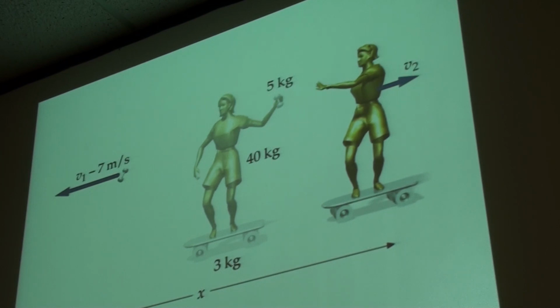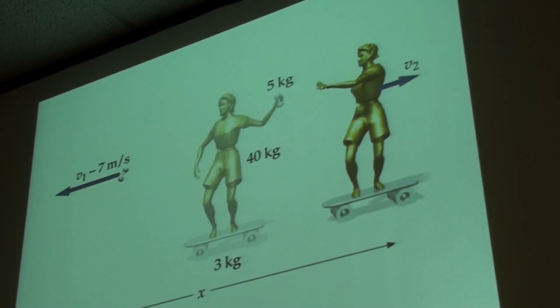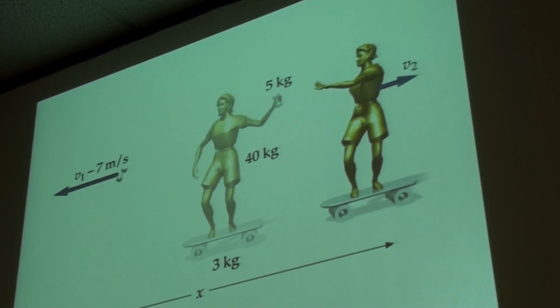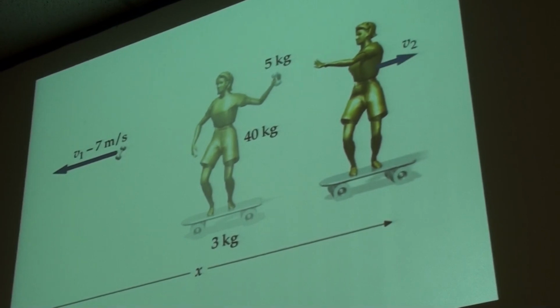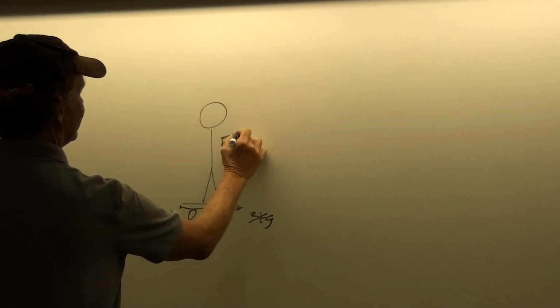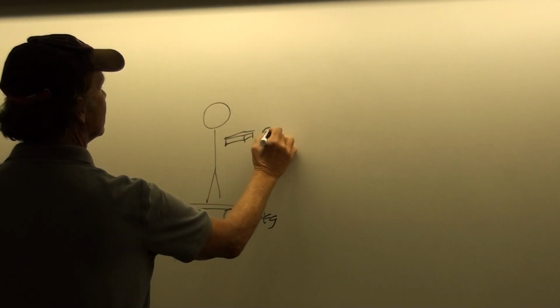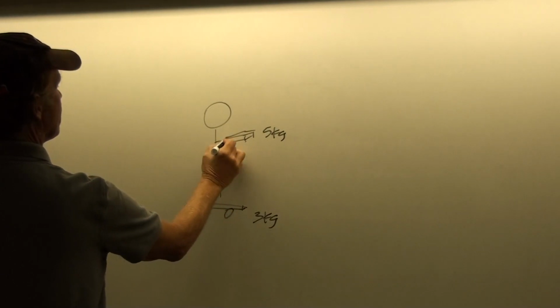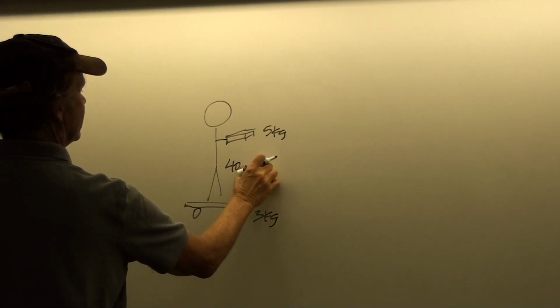So here's our skateboarder. And the skateboard has a mass of 3 kilograms. The physics text, or the weight, whatever, is 5 kilograms. It's a pretty heavy book. And she has a mass of 40 kilograms.